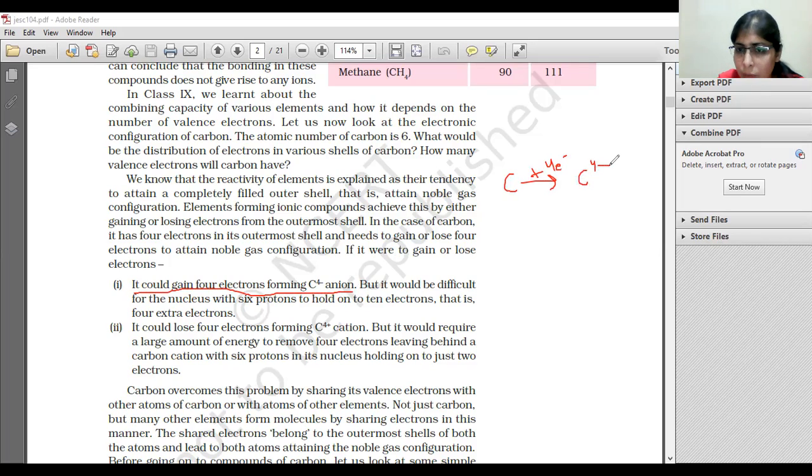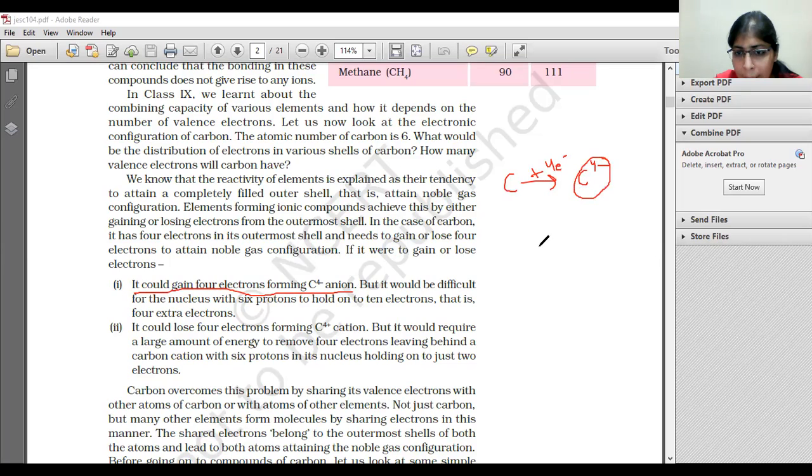If it is losing, it is C4 plus. So first we take the case of gaining 4 electrons. If carbon gains 4 electrons, it will become a C4 minus anion.